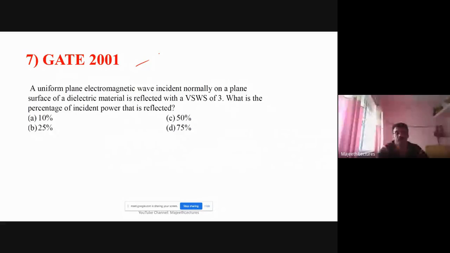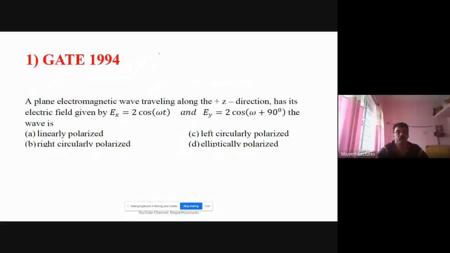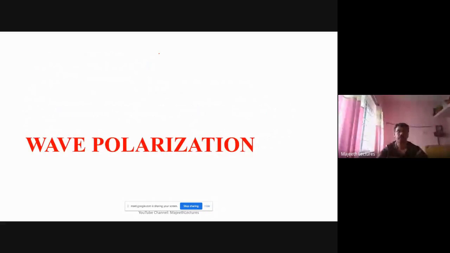Majid lectures. Now we see wave polarization. This is another important point we have to remember. From this, surely they will ask a question. So the wave polarization. What is polarization? Polarization is nothing but the orientation of the electric field.